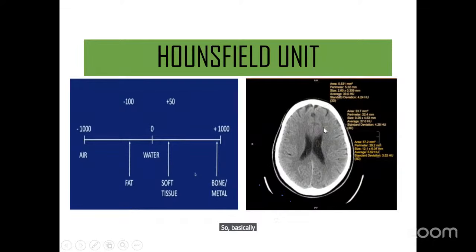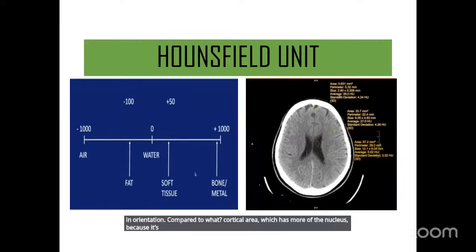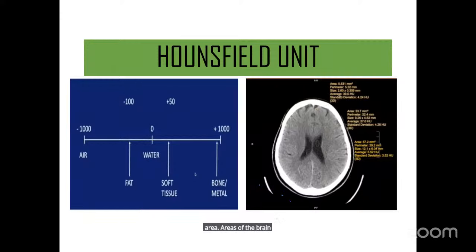So white matter has more myelin sheaths, more axons, which are fatty in nature, compared to the cortical area, which has more of the nucleus because it's the sensory, processing or memory areas of the brain, high processing areas. Are we together? So that's why these areas appear whitish, and white matter areas appear darker. Okay.